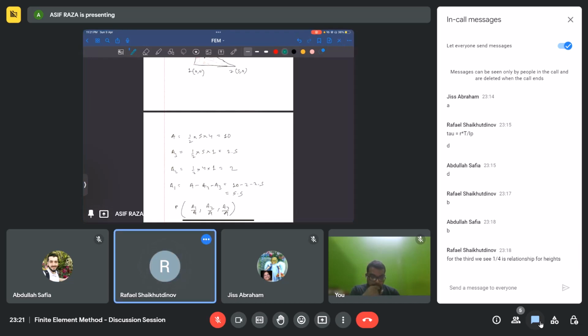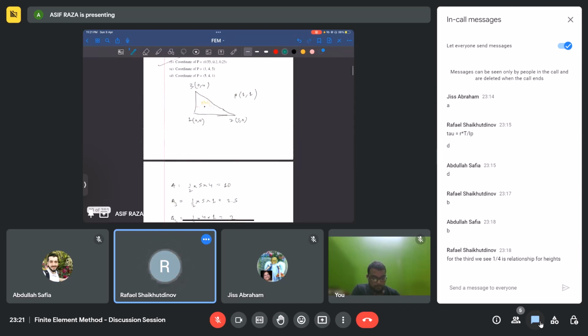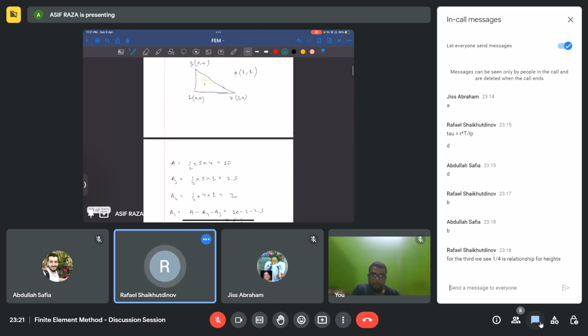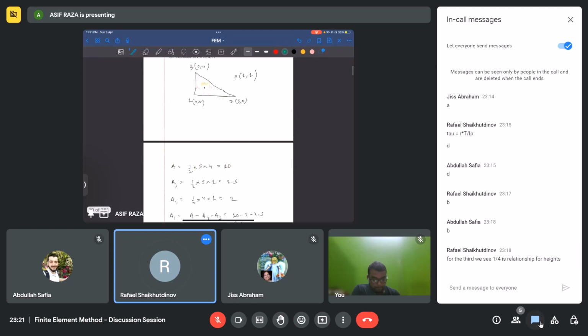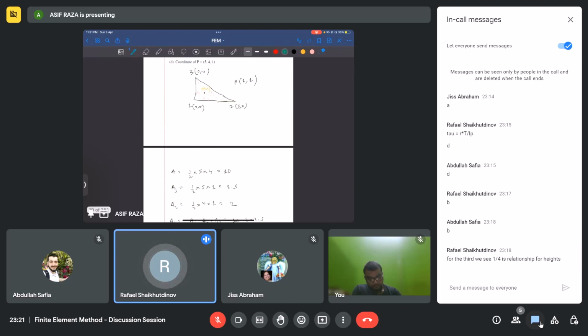Yes, in the lecture there was a point that we can use the relationship for heights of the triangle. A3's height is 1, and the height of the whole triangle is 4. I found it useful to use the relationship for heights in this problem.